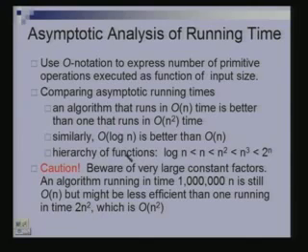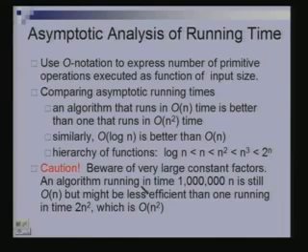From what I have said before, you would say that the one with the linear running time of big O of n is better than this. It is true, but in the limit. And the limit here is achieved very late, when n is really, really large. For small instances, this 2n square might actually take less time than your 1 million times n. So you have to be careful about the constants also.